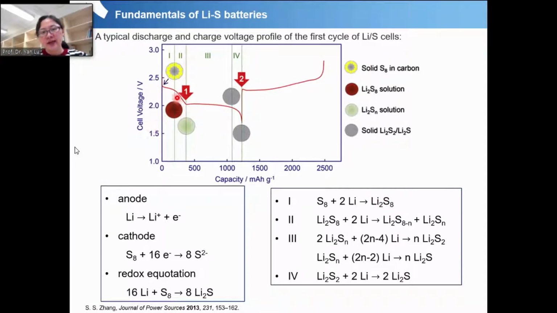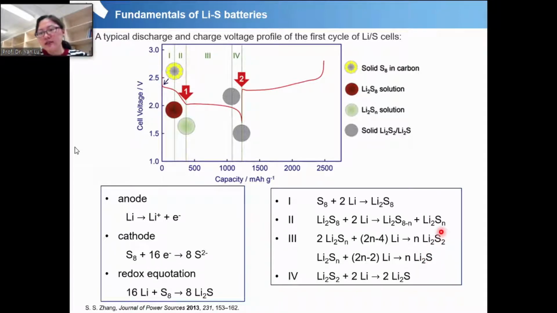And then at the second stage, the long chains of lithium polysulfide will be reduced into relatively short lithium polysulfides. And then in the third stage, we can again get a kind of plateau. In this plateau, the short chain polysulfides will be reduced to lithium 2S2 or lithium sulfide.